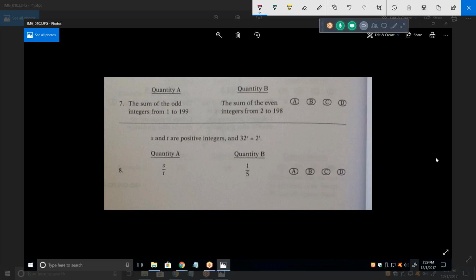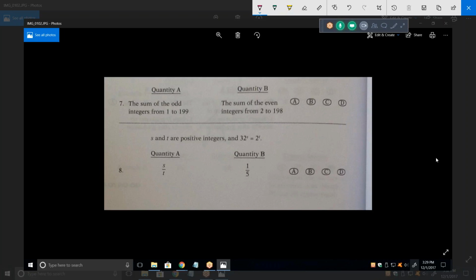Then I can solve the problem by working with those small numbers and come up with the answer real quickly. And realizing that it doesn't matter what the ending number is, as long as this one starts at 1 and goes odd numbers up to whatever number, and this one starts at 2 and goes even numbers up to 1 less than this number. That's what you have to realize. Okay.